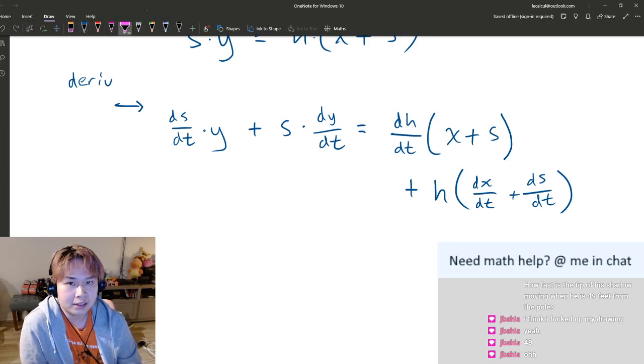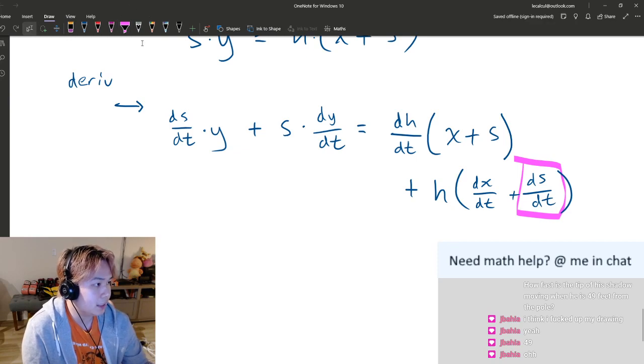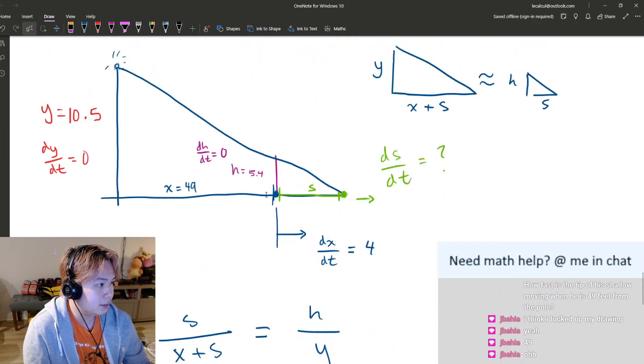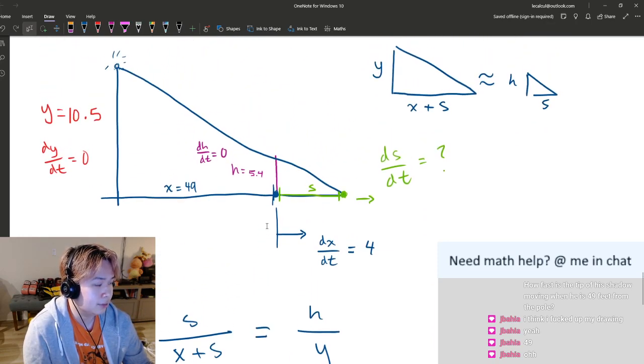Okay, and then you see the thing we want to solve pops up, which means that you should have the value of every other thing here. And if you don't have it, then you need to figure it out. So the only thing that we're missing is s, actually. So go figure that out. And you can just use this initial relationship to figure out s, or whatever you want.